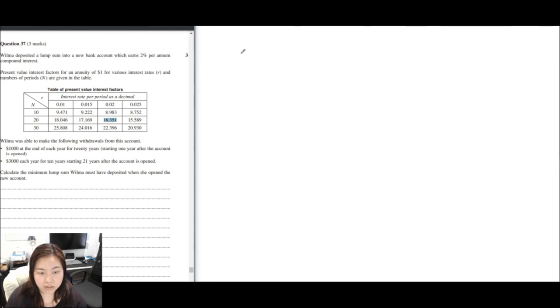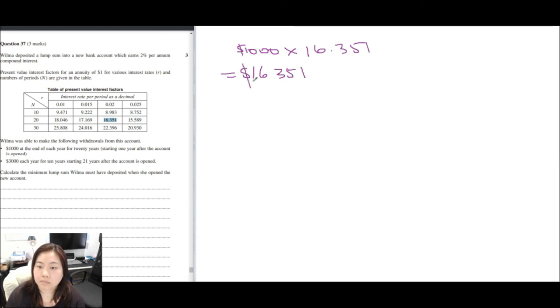She would need to have $1,000 times 16.351, which is $16,351 lump sum. Right now, she puts it in the bank earning 2% interest per annum to be able to take out $1,000 at the end of each year for 20 years.